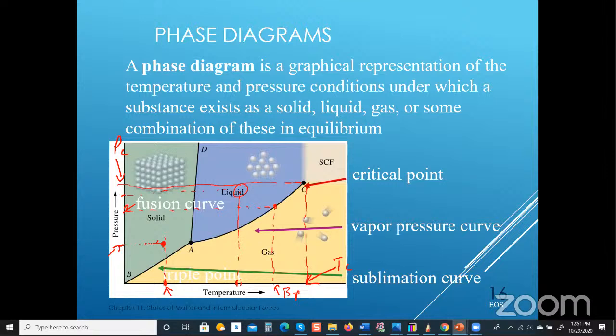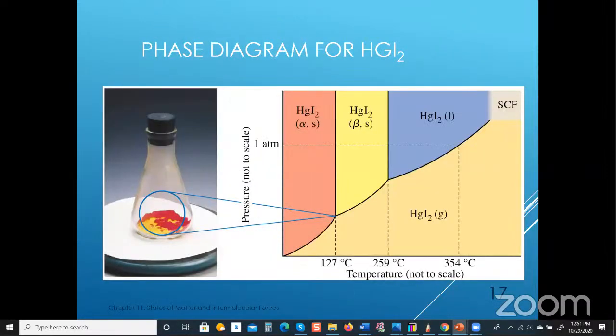All right, so as I said before, there are some substances that give weird looking phase diagrams, such as this phase diagram here for mercury II iodide. What makes this weird is that in the case of mercury II iodide, in the solid state, it can exist in two forms. You have the alpha form here and the beta form here.